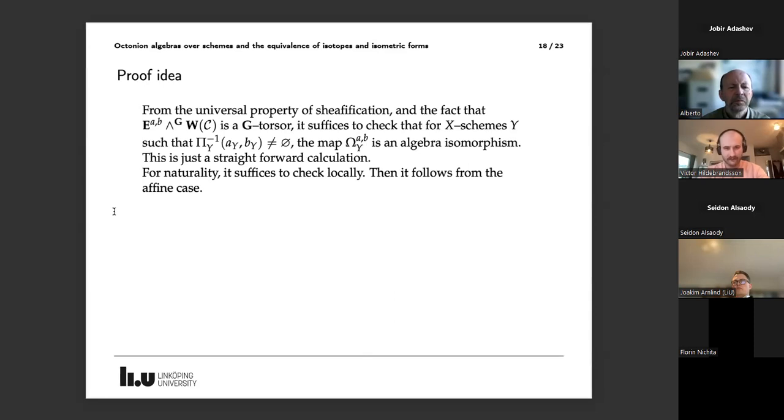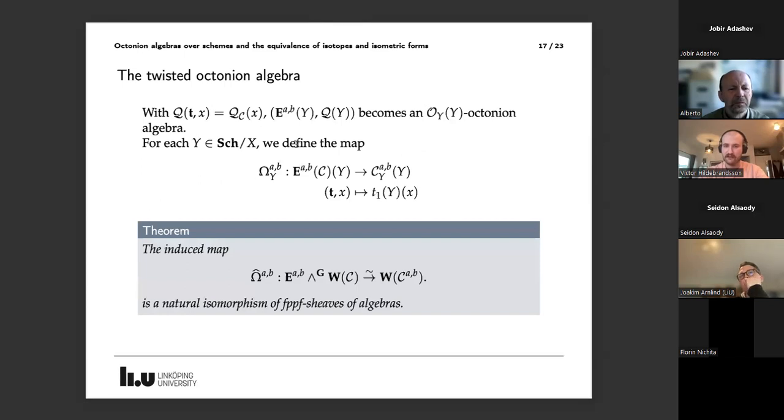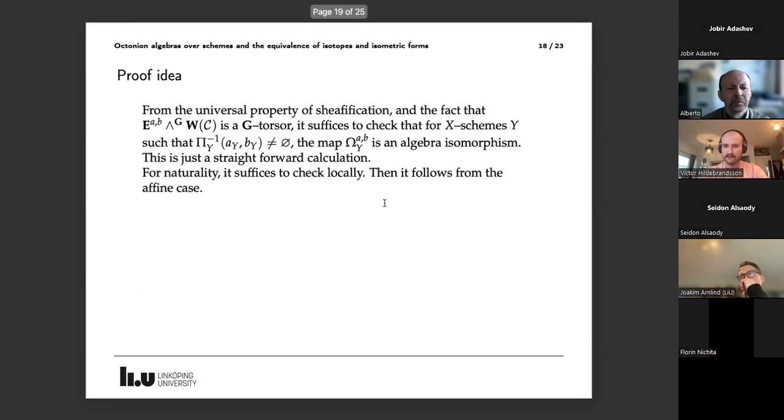Yes, so from the universal property of sheafification and the fact that we have an automorphism group torsor, it will be enough to check the isomorphism claim of this map omega. So we only have to check that this is an isomorphism, and it suffices to check X schemes Y such that this pi inverse is non-empty.